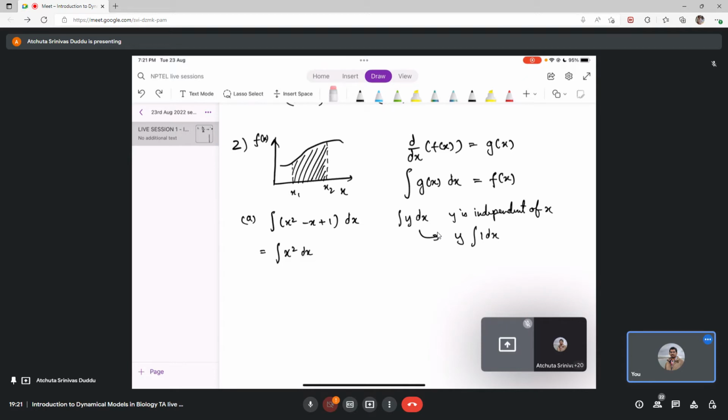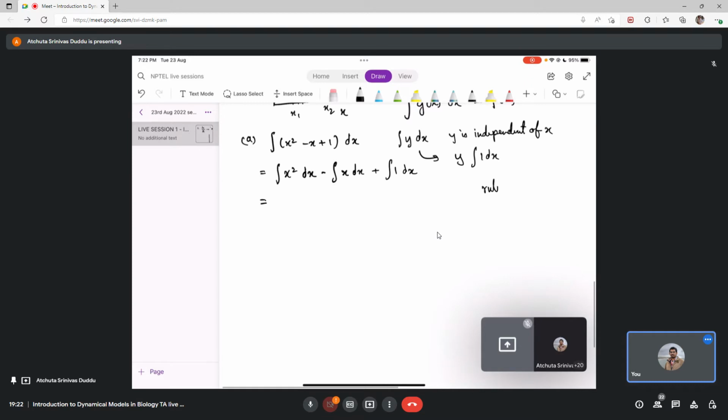So let me just erase this. So integral x square dx minus integral x dx plus integral 1 dx. Now here we'll be using the rule that the integral of x power n dx would be x power n plus 1 by n plus 1, right?